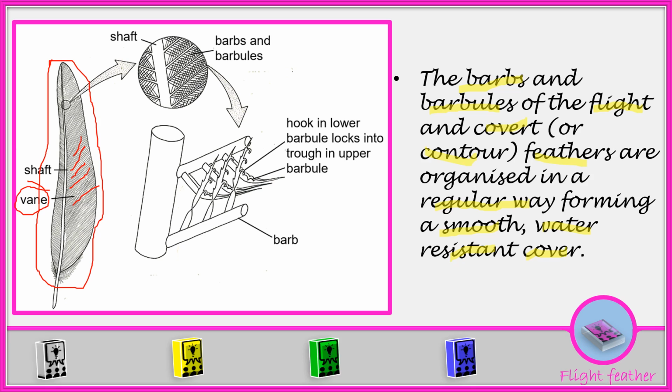Now, when magnified, this is our shaft, and here we have the barbs going off from the shaft. Then from the barbs, we have other small ones, the barbules. If you look at the barbules of one barb and the barbules of the next barb, they are interlocked. And that interlocking is what makes the feather water resistant.